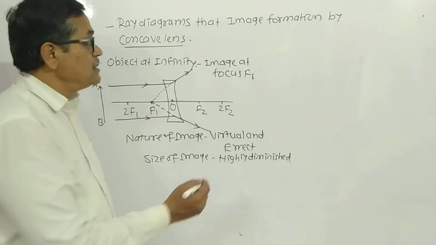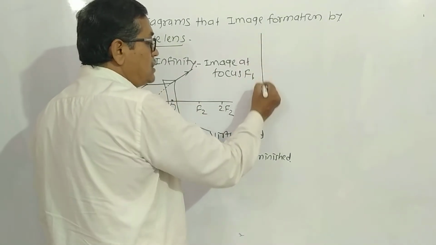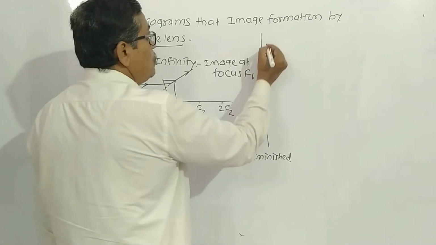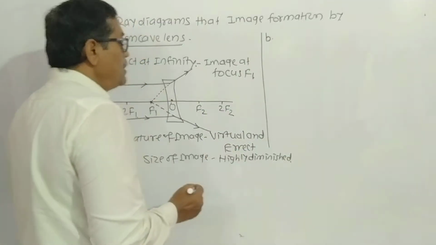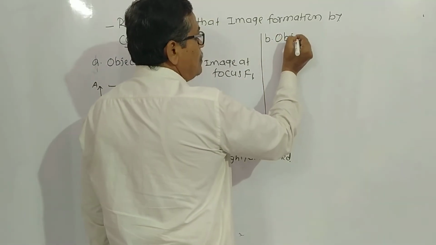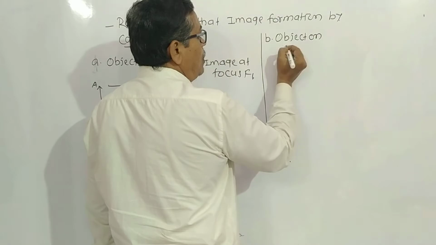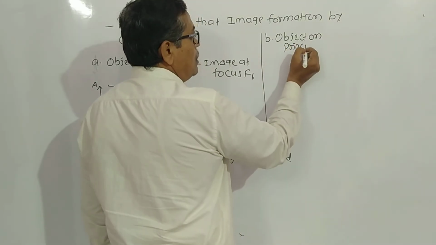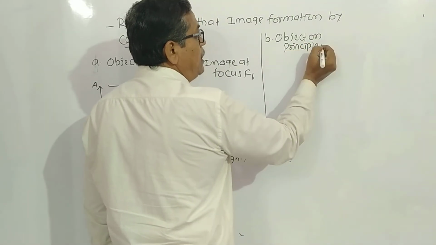Dear student, what is the second diagram here? How do we draw the second diagram? You are given a position of object. Now object on principal axis.